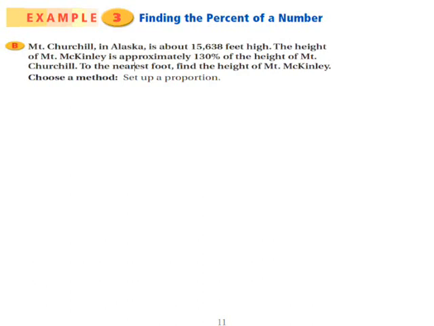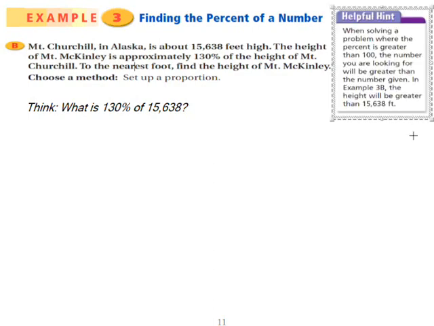And finally, the second problem in example 3, another word problem, tells you that Mount McKinley is 130% of the height of Mount Churchill. So to set it up so you can make it into an equation or proportion, you want to put it in terms of that very simple sentence that says this is some percent of that or whatever.